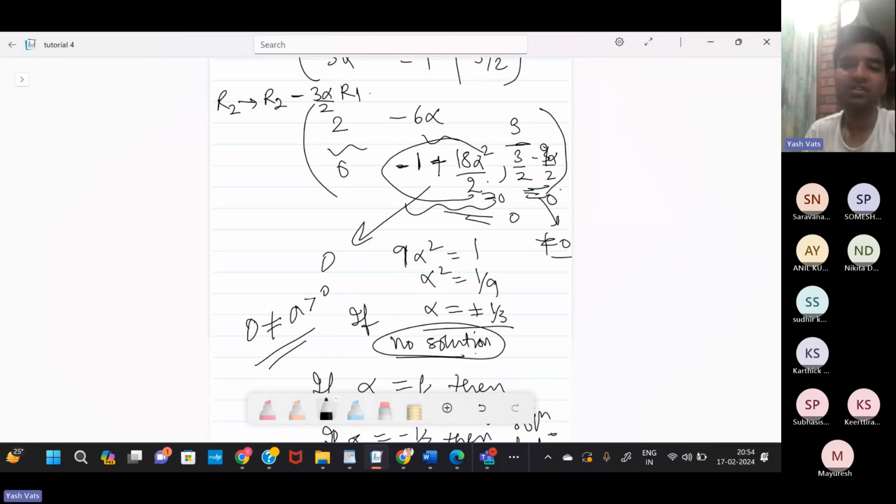If someone asks you when there is no solution, just put the last coefficient, A33, to be 0, and this side should be non-zero. In that case it should be no solution. But if both are 0, if alpha is 1 by 3, then infinitely many solutions. Everyone, is it clear?